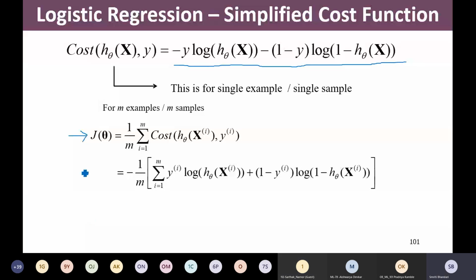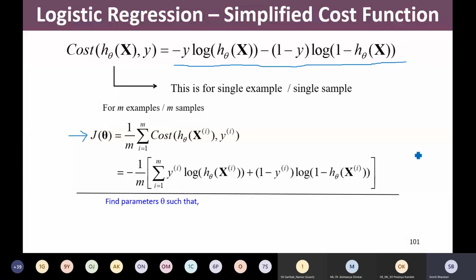Okay. So this is our overall cost function for logistic regression for m number of samples. Now, what would we like to do? Once we have defined our cost function, the next thing is we should come up with the parameters theta. Our cost function is a function of theta, and this theta is actually a vector.